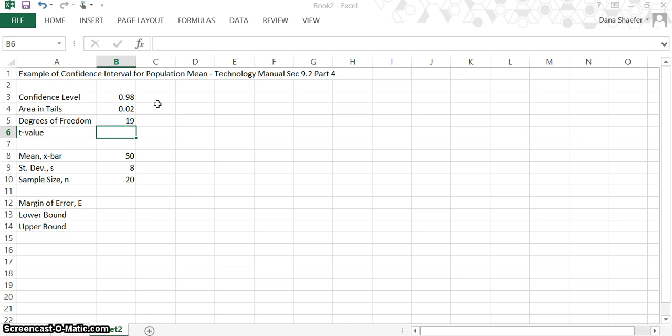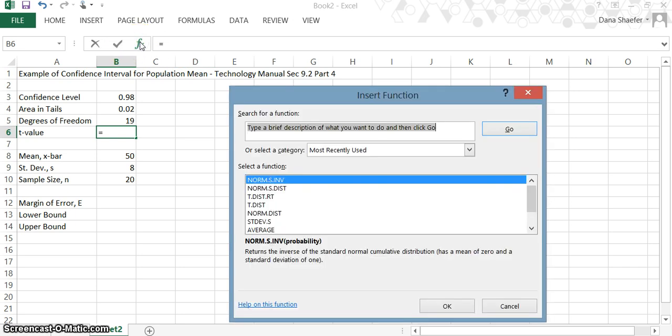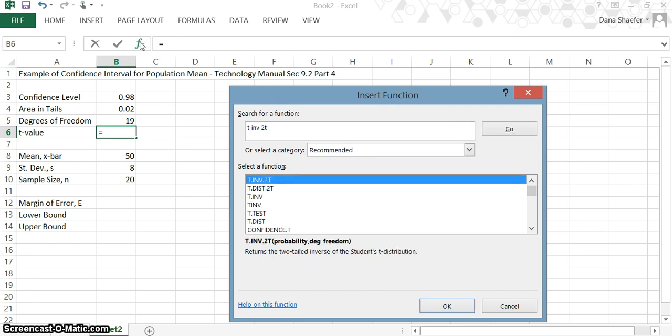The next thing is the t-value. We're going to use a new command, t inverse two-tail, because in confidence intervals, we're always setting things up as a two-tail. So I'm going to go into my formula command again, and in the brief description, I'm going to type in t inverse two-tail, just to get something to come up.